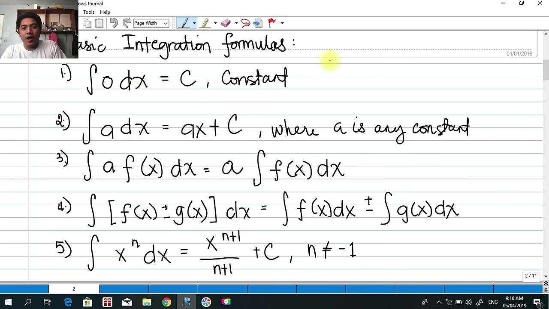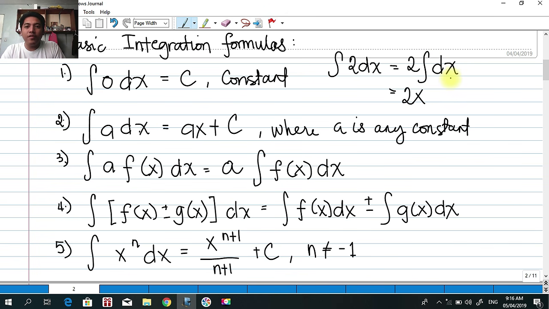Here we can move outside the integral symbol the constant 2, and evaluate this integral. So the integral of dx should be simply x.